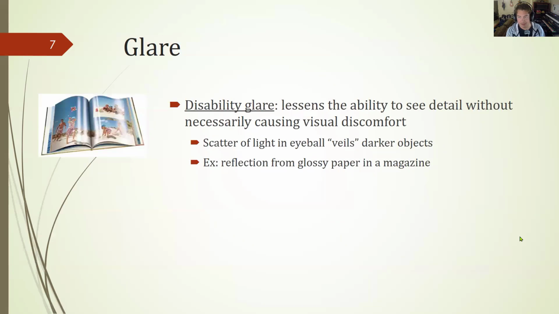The best example I can relate to is when you have a really shiny magazine and you turn the page and you see these very bright flashes that occur as the magazine is moved relative to the light sources. It's disability glare because it makes it hard to see some of the details you're trying to see. It effectively messes extremely with the contrast in the lights and the darks. What's my foreground versus what's my background? It really messes that up.